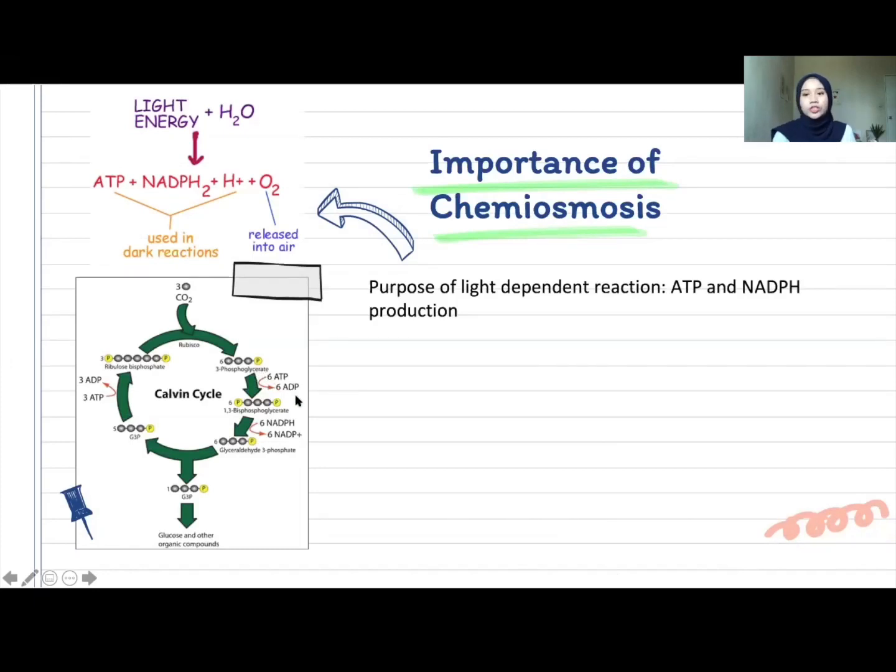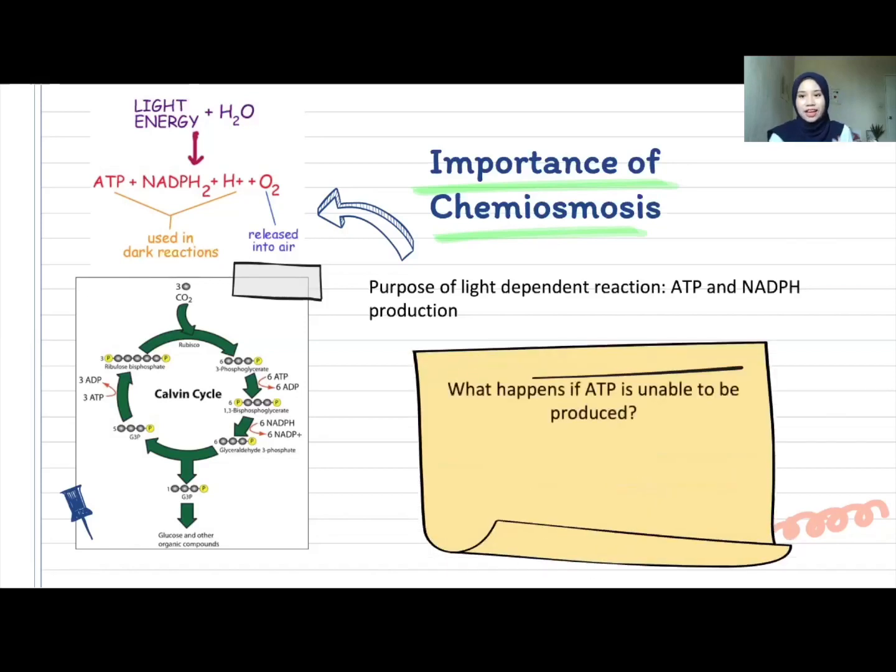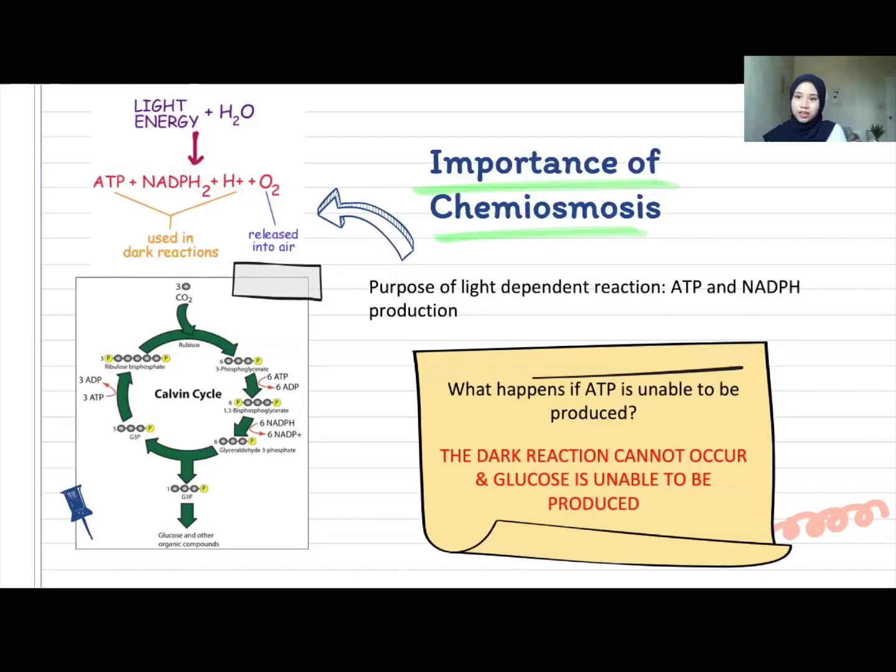Now, the question of the day is, what happens if ATP is unable to be produced? The answer is pretty straightforward: the dark reaction cannot occur, thus glucose cannot be produced at the end of photosynthesis. In a nutshell, this means that the photosynthesis process is halted in the middle.